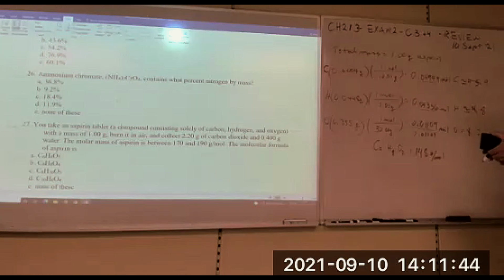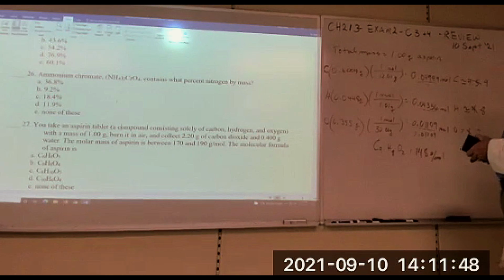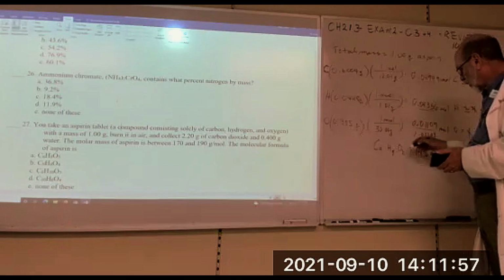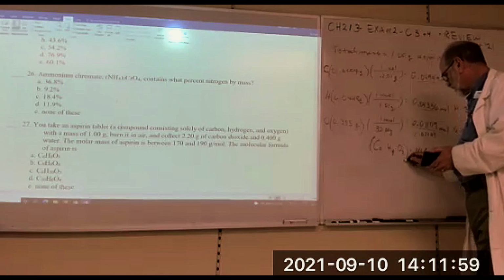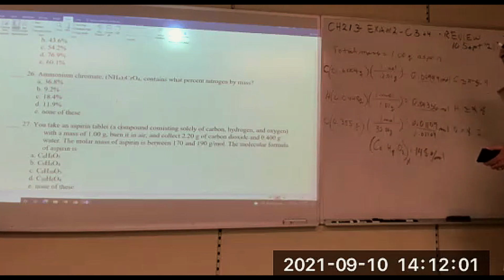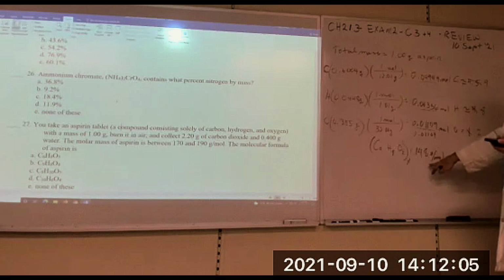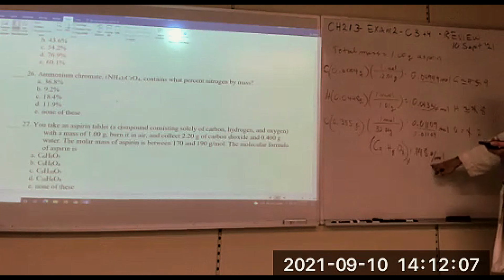All right. Does that make any sense? I hope I did this right. If it's 148 and the actual, so what we need here is our multiplier. If it's 1, then 148 is right. The molar mass of aspirin is between 170 and 190, right?